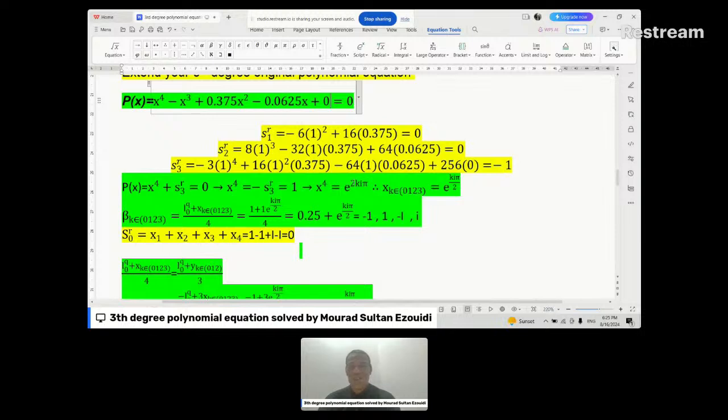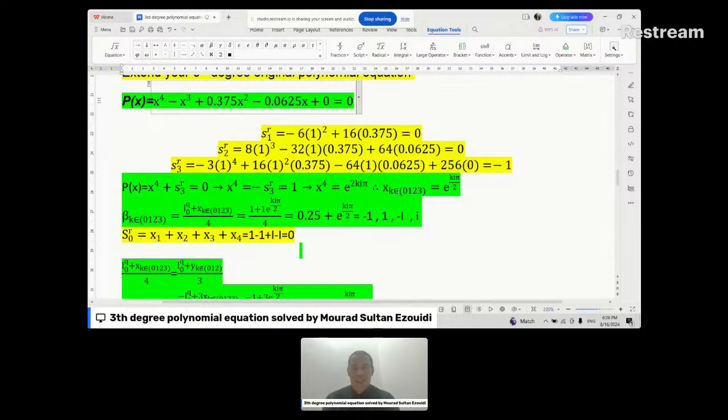S3 is negative 1. Therefore, x raised to the power 4 equal exponential 2k i pi. As here this x has been raised to the power 4, to find x I am going to raise this to the power 1 over 4, or just divide the exponent by 4.